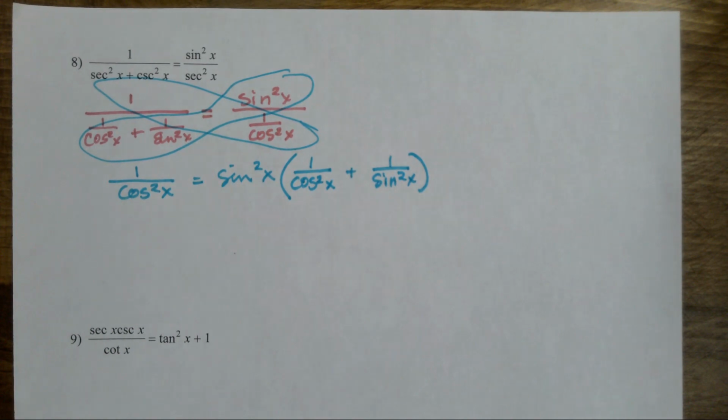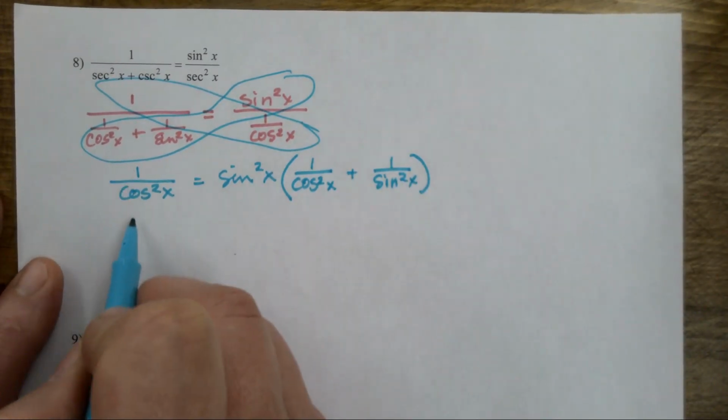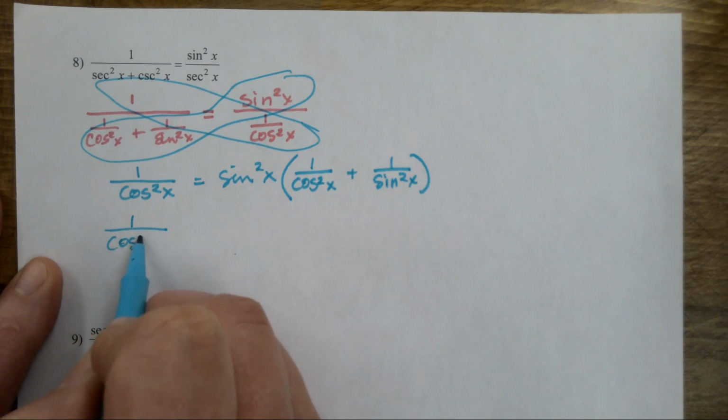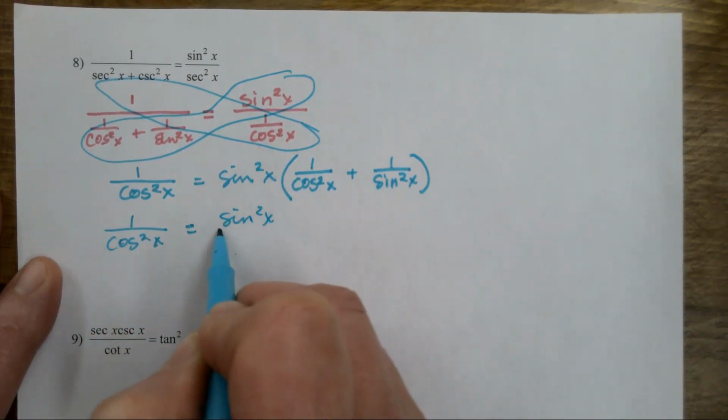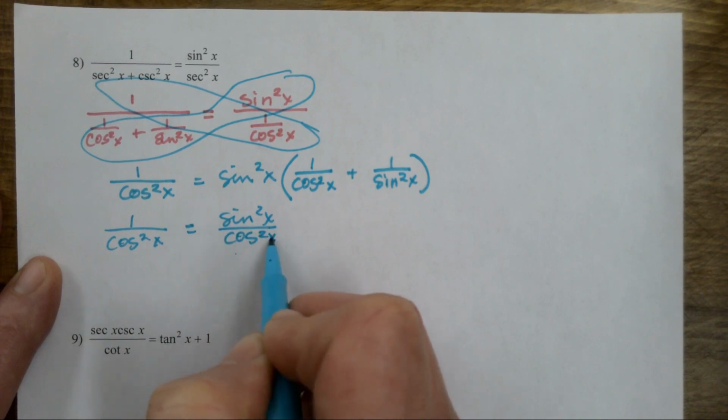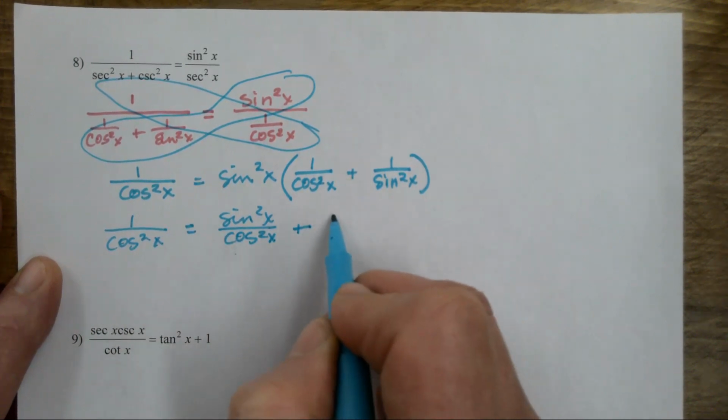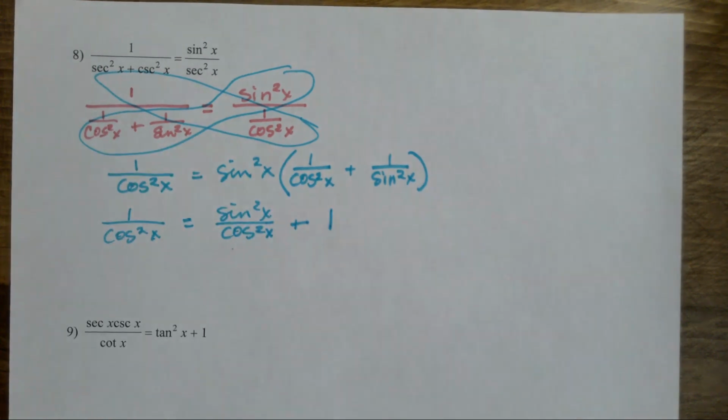Which means I'm just going to have to distribute that sine squared through. So I will have 1 over cosine squared equals sine squared over cosine squared plus 1. So that's how I cleaned this up from here.